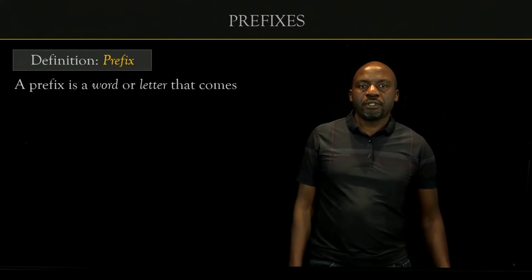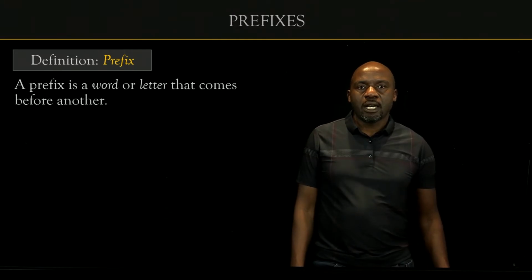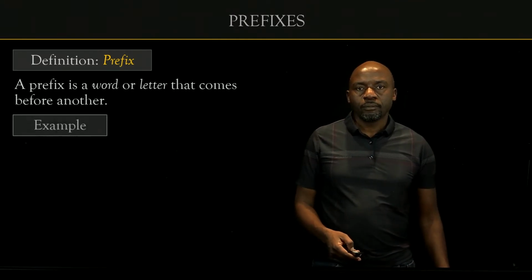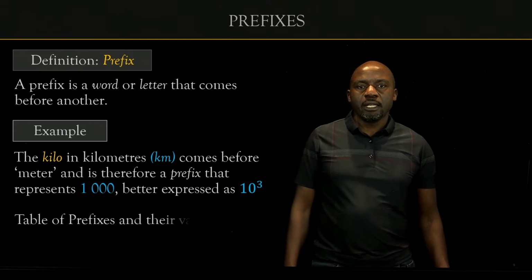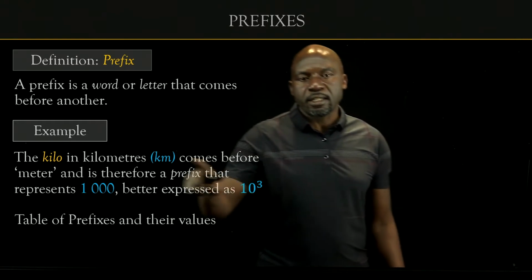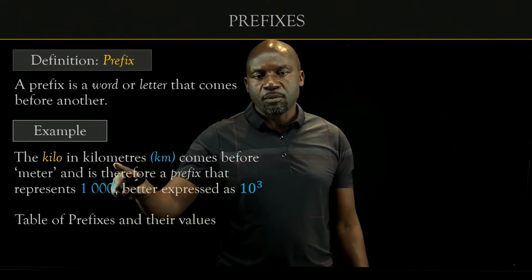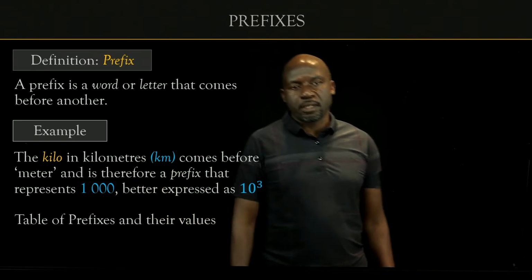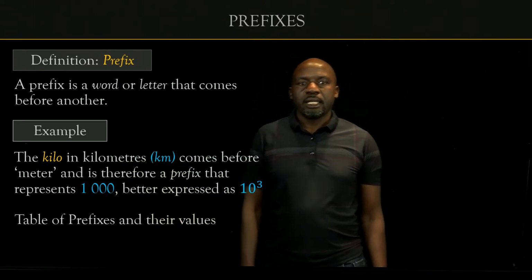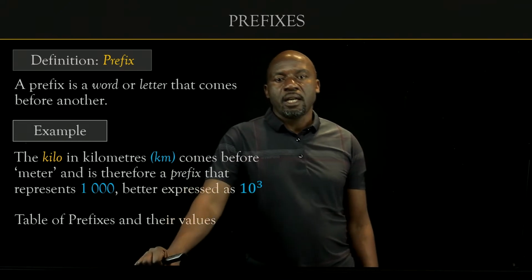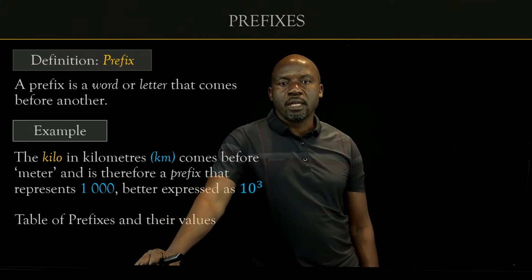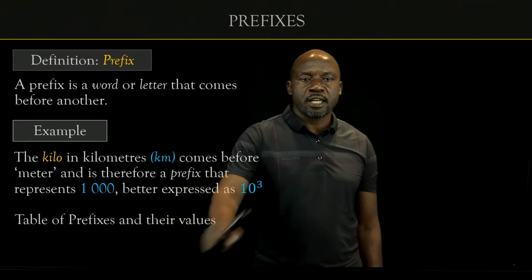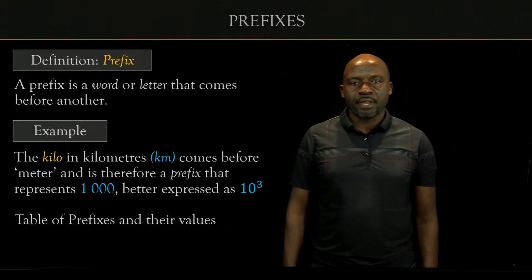A prefix is a word or a letter that comes before another. For example, the kilo in kilometers. When we write kilometers, the kilo comes before the meter, and it is a prefix used to represent 1,000. So kilo is a prefix that is used to represent 10 to the power of 3 or 1,000.